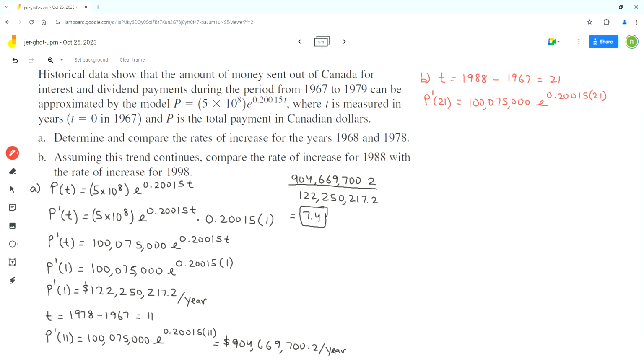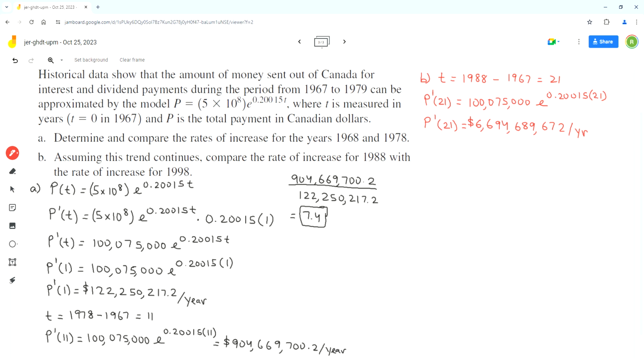So now we can evaluate this expression, and the unit will be dollars per year. So it's almost $6.7 billion.